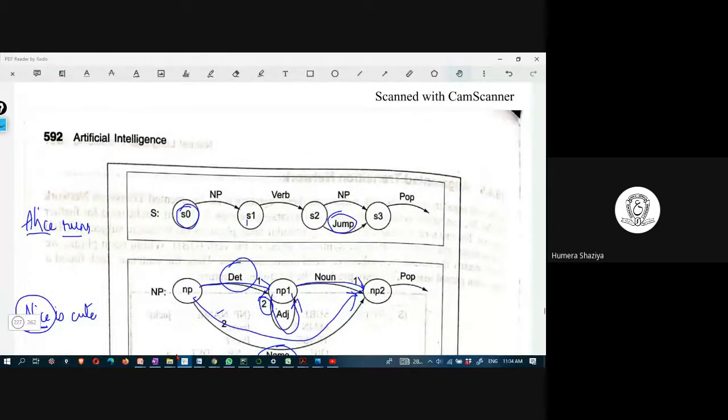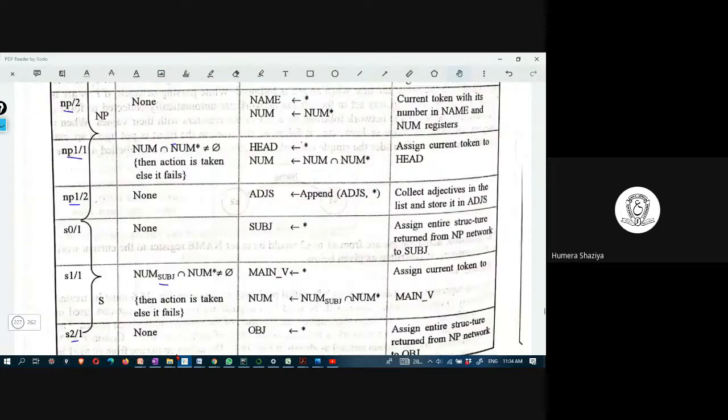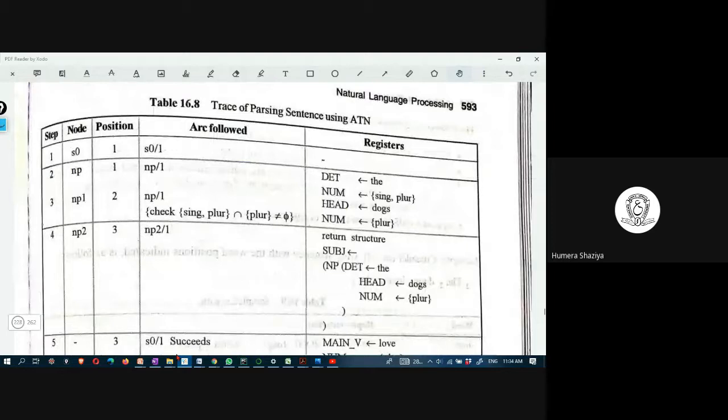When it is NP1, it can go to NP1 by root 1, or it can go to NP2 by root 2. Like that, tracing NP1 by using root 1, it goes to NP1, or it can go to NP1 using 2. 2 means what?